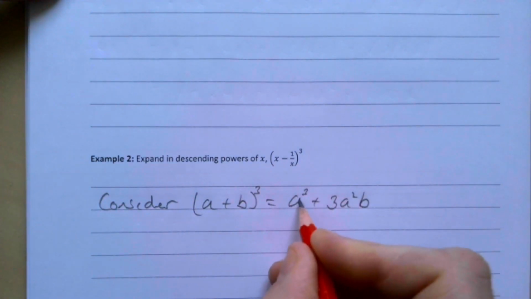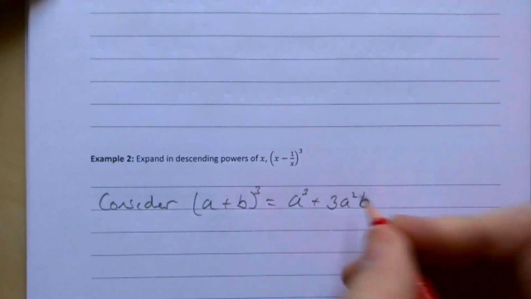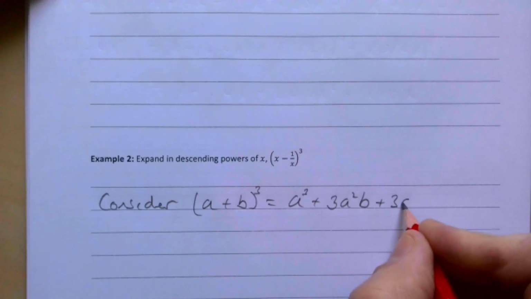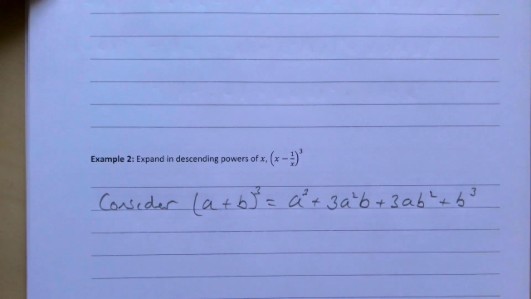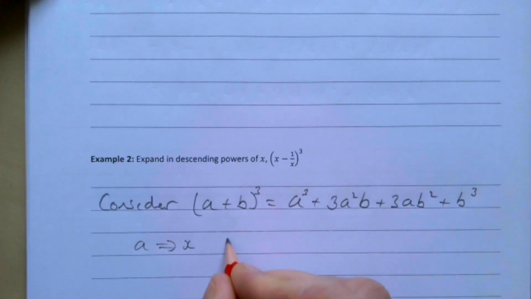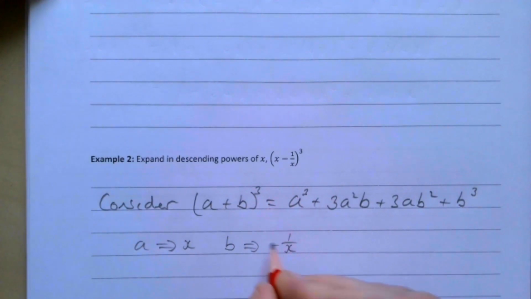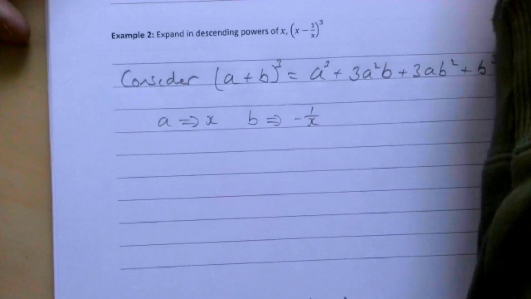Notice the powers of a decreasing, the powers of b increasing, and the coefficients 1, 3, 3, 1 appear. Then 3ab^2 + b^3. Any time I see an a, I'm going to exchange it for x. Any time I see a b, I'm going to exchange it for minus 1 over x. We need to be careful with the minuses here. So let's move up and see what we get.